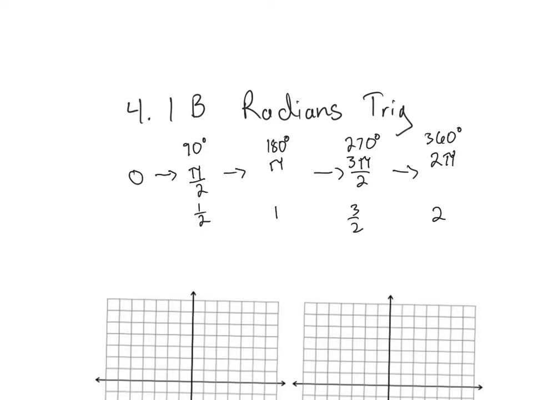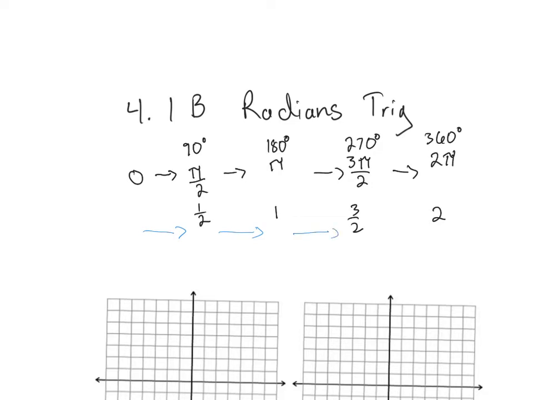So when I think of my fractions in terms of radians, anything less than a half is going to be less than 90 degrees. Anything between a half and 1 is going to be between 90 and 180 degrees.